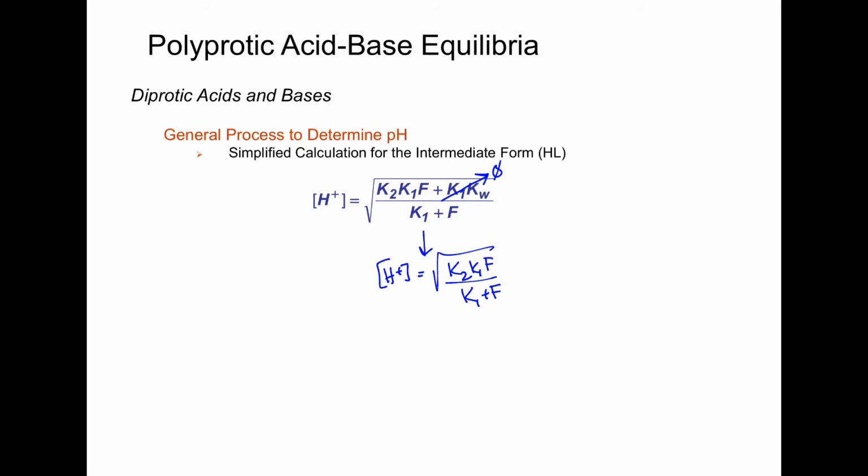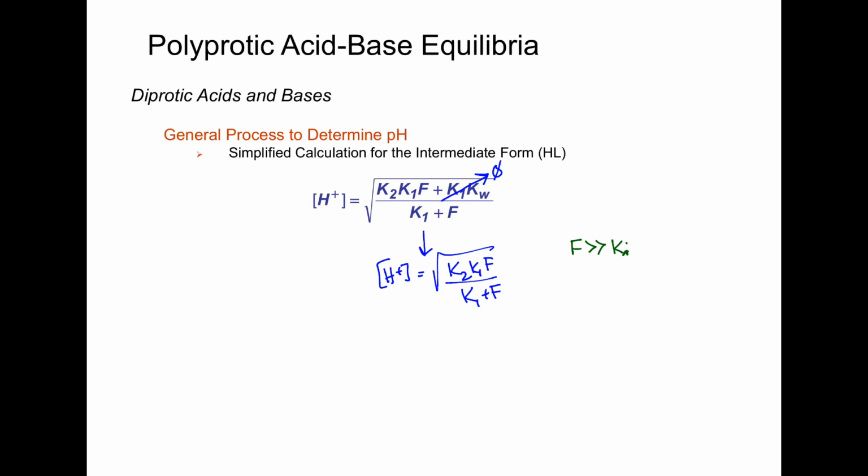For these problems, if the formal concentration, the initial concentration, is really big compared to K1, and by really big I mean more than 1,000 times, then we can simplify further.